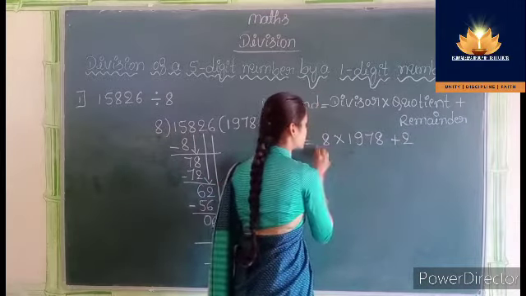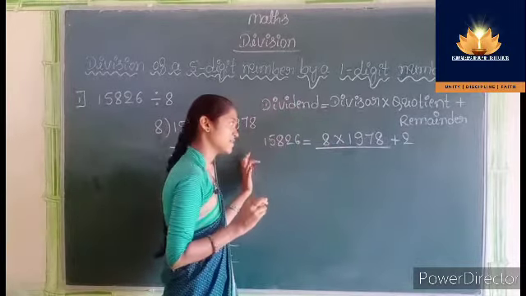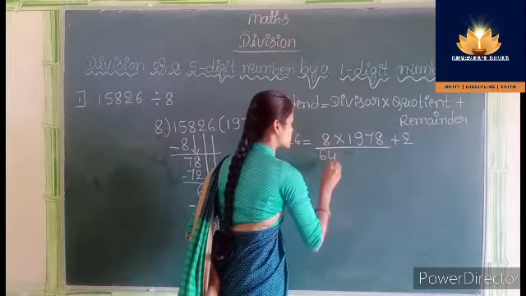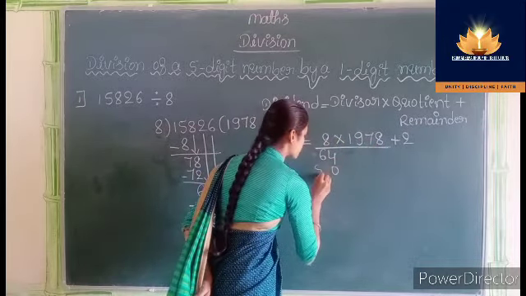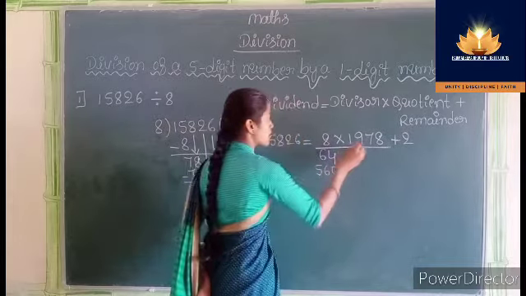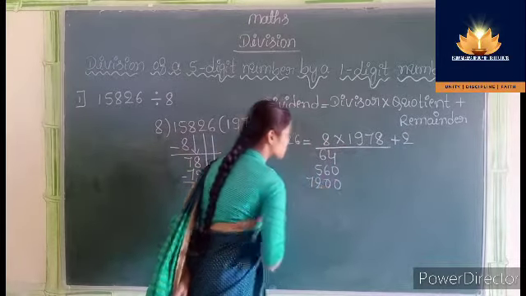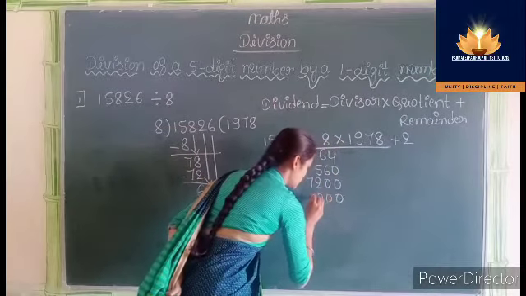First multiply 8 by this 1978. 8 8s are 64, 7 8s are 56, 9 8s are 72, then 1 8s are 8 only.